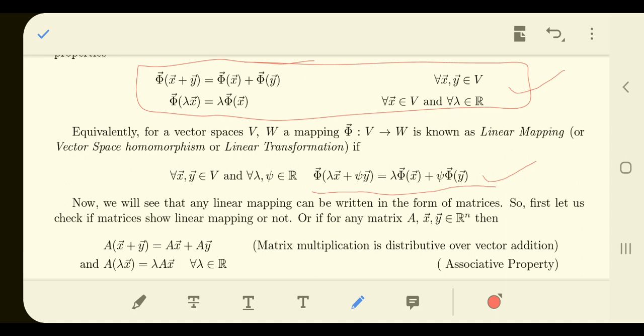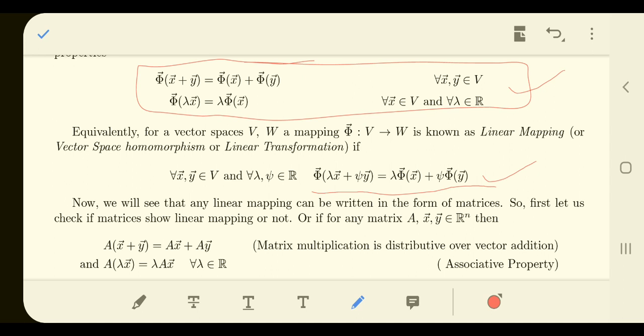We will see that any matrix can represent a linear transformation or linear mapping. When we say that, it means that any matrix behaves as a linear mapping, and every linear mapping can be converted into a matrix multiplication.